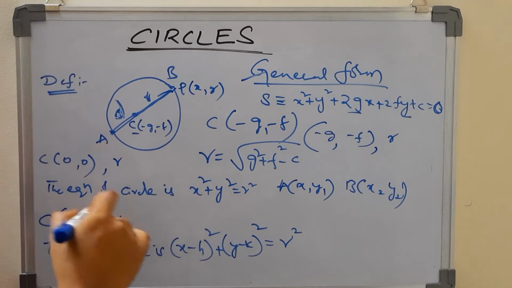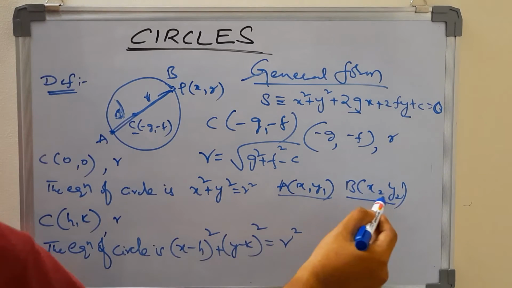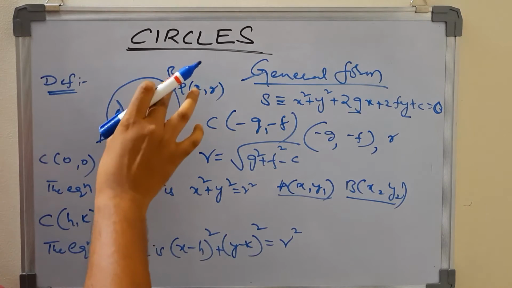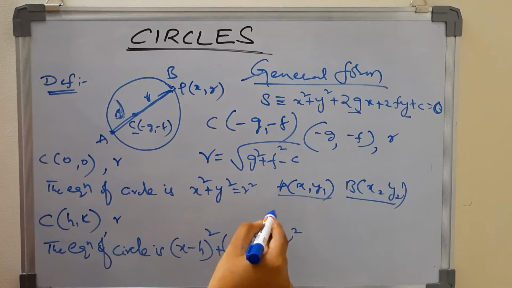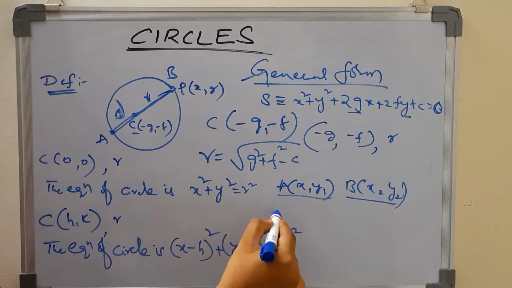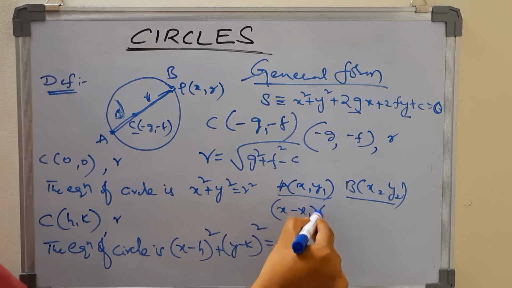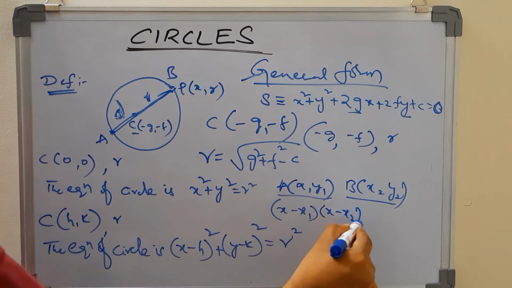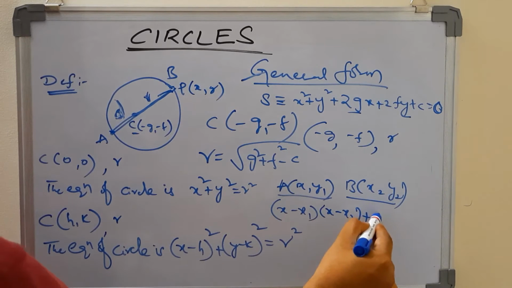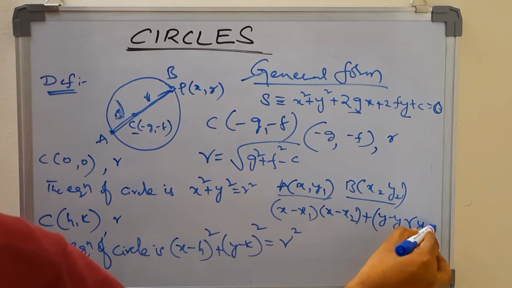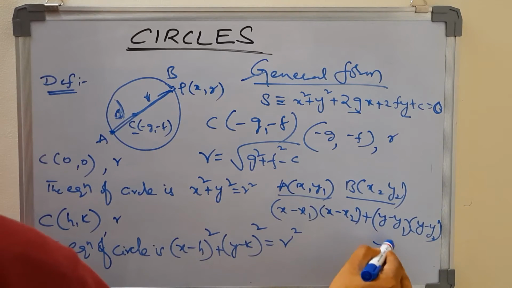Then the equation of the circle, whenever we know the extremities of the diameter of the circle, can be written as x minus x1 into x minus x2 plus y minus y1 into y minus y2 is equals to 0.